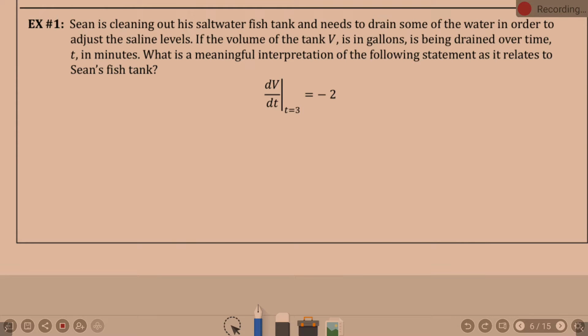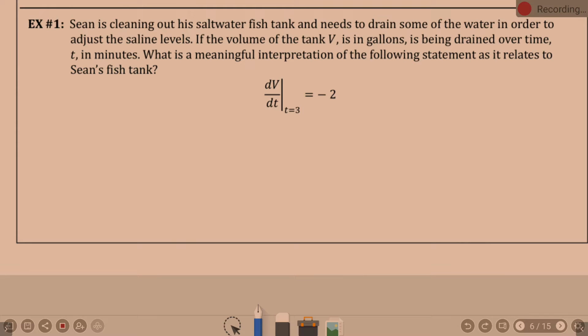Yes. 2 gallons. Say it louder. 2 gallons drained at 3 minutes. Almost. So you said there's 2 gallons drained at 3 minutes? Or is it every 3 minutes? How do I want to say this?